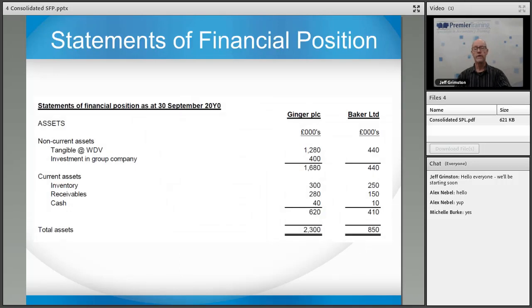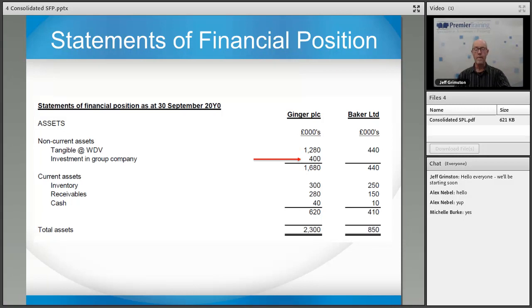First of all, there's already an intangible asset on the statement of financial position for the parent company, Ginger plc. And that is described as an investment in a group company, and it's £400,000.